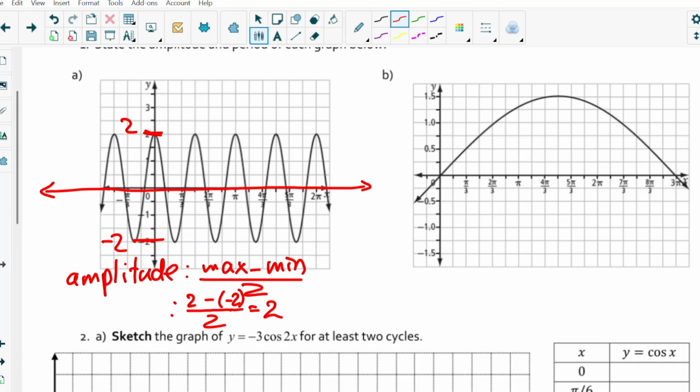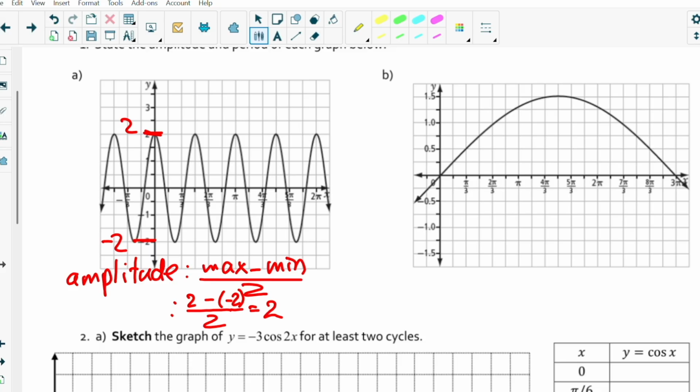And the period, let's sketch this out. If I start at, let's say, this point, let's do one full cycle. So this is a half cycle. Sometimes doing this period is a bit tricky here.